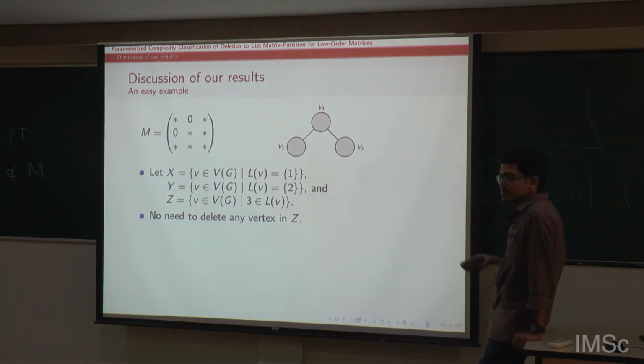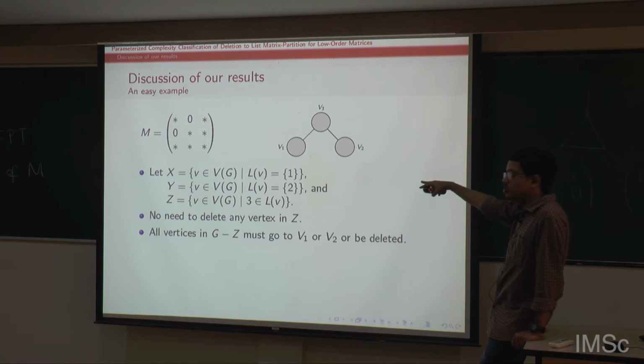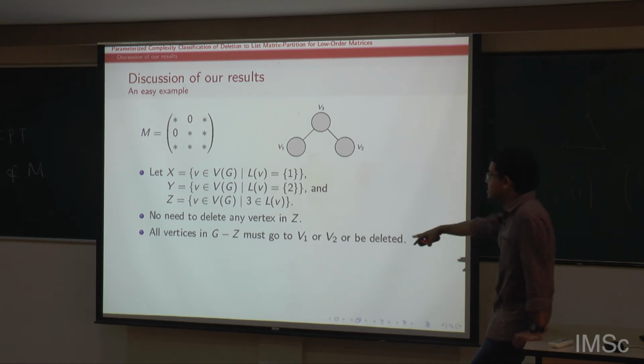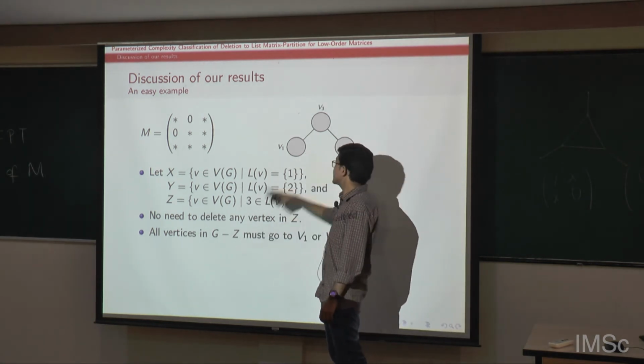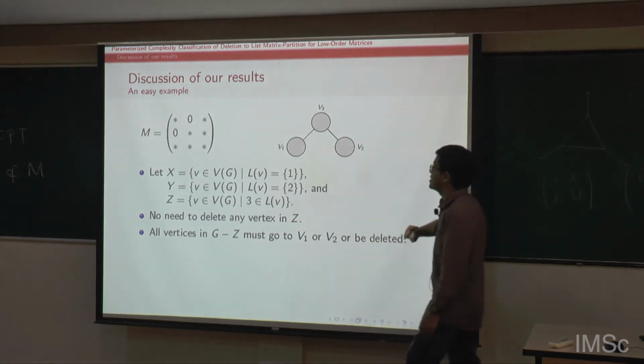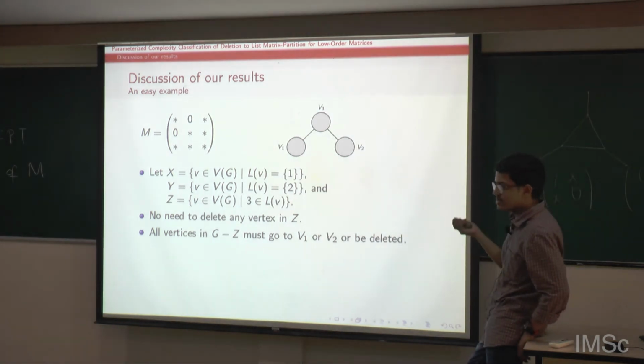Then all the remaining vertices should either go to V1 or V2 or be deleted. Note that no vertex in G minus Z can go to V3.